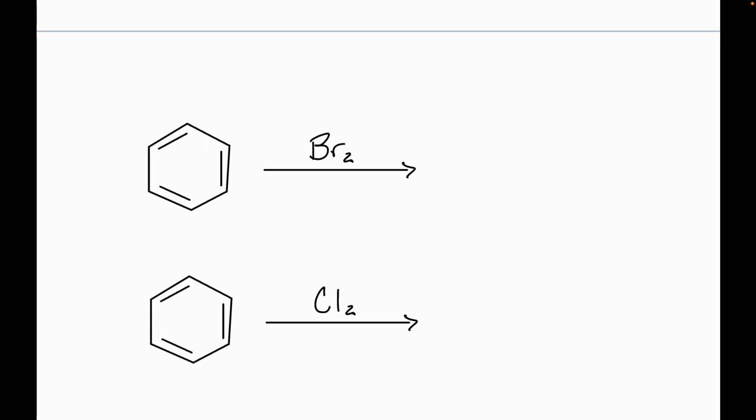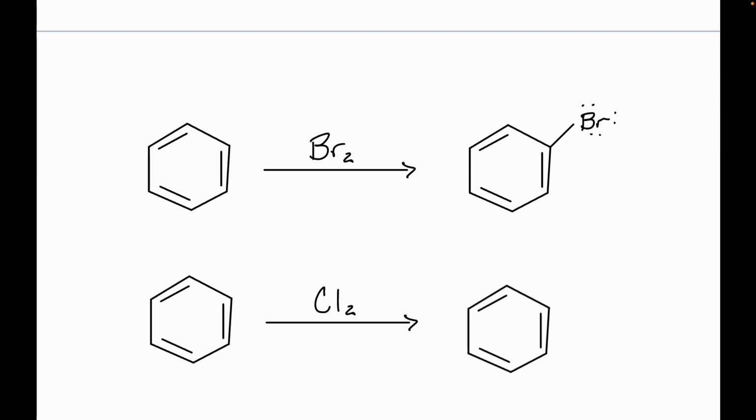And what we're going to see are these electrophilic aromatic substitution reactions, which substitutes out one of those hydrogens for our halogen. But again, you can't just use bromine alone or chlorine alone. You've got to have a catalyst in there that'll turn it into one of these really good electrophiles.